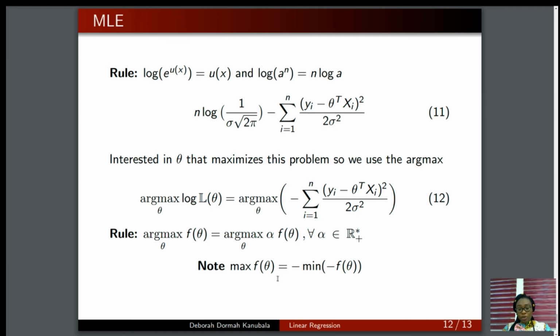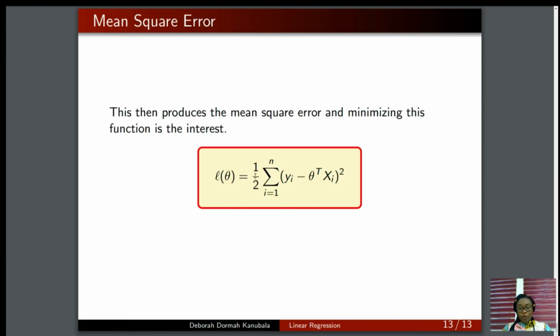When we do this by taking the negative of this function, we get the mean squared error, which is equal to 1 over 2 summation from i equal to 1 to n of the actual values, that's y, minus theta times x, all raised to the power 2. So we would want to minimize this function.